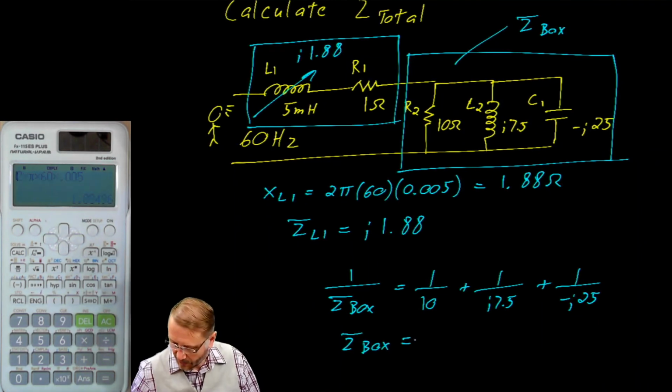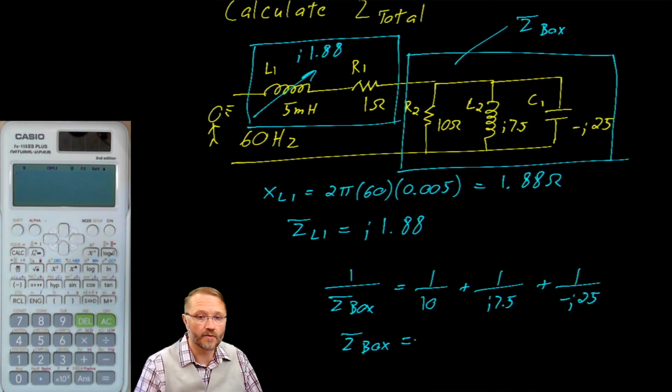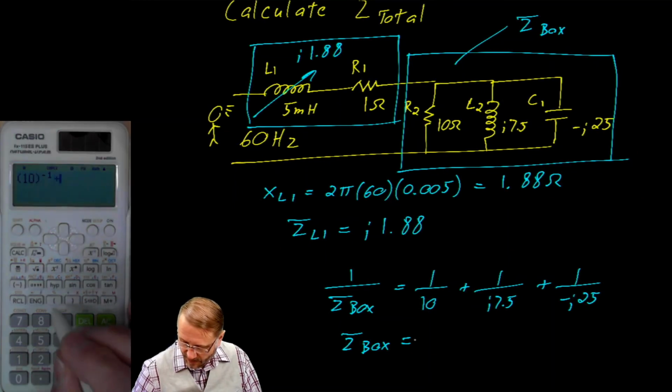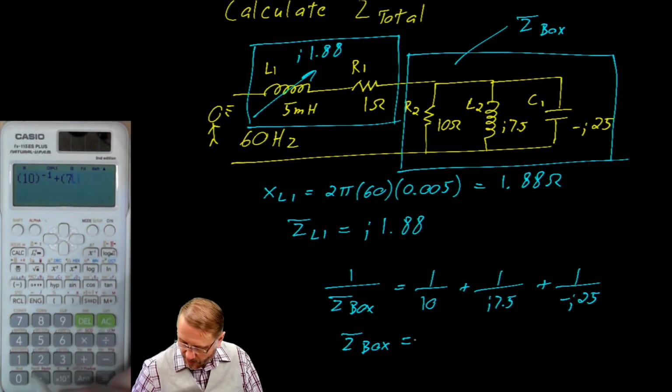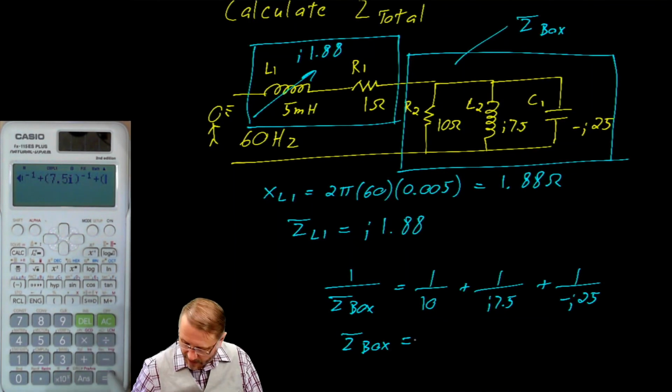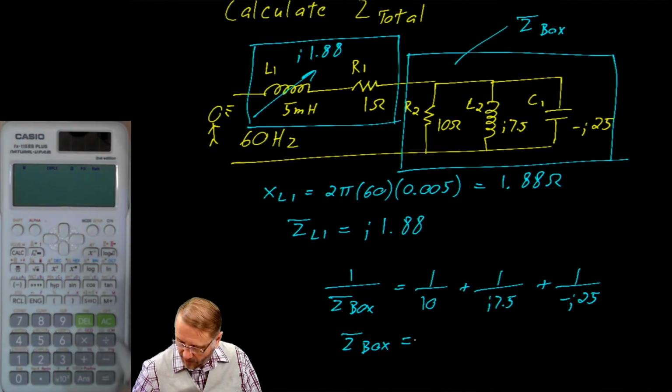We run that through our calculator like so. Again, remember to use the parentheses or you're going to get in trouble. So 10 invert plus 7.5 J inverse plus negative 25 J inverse equals inverse equals.